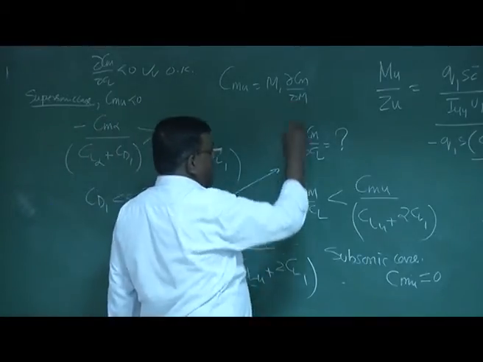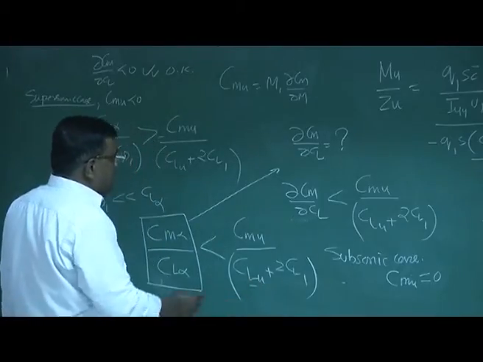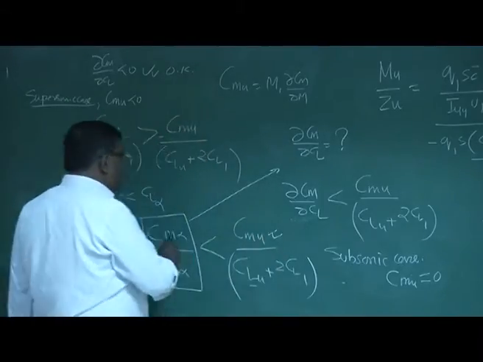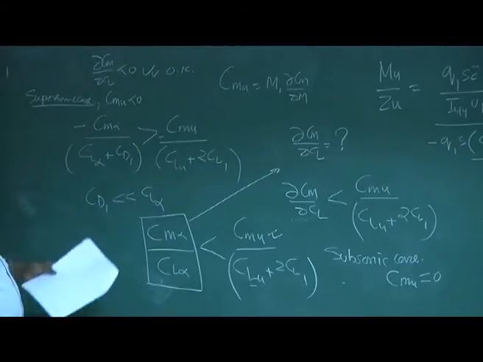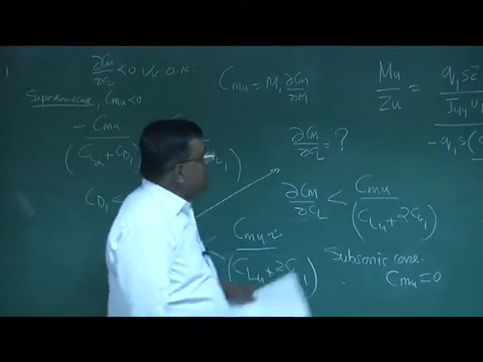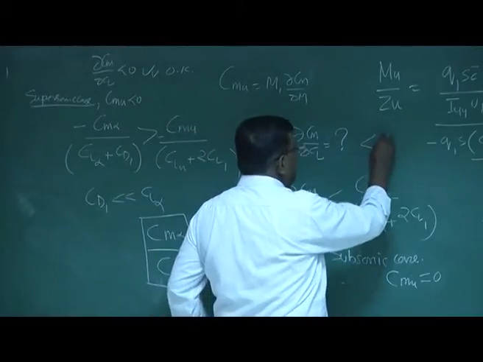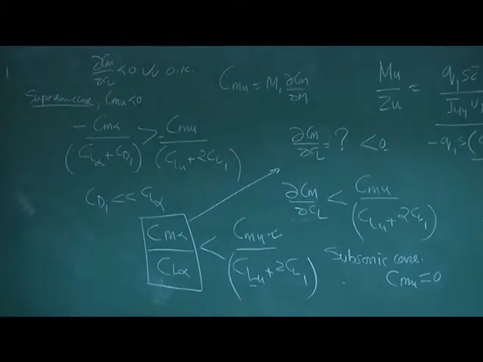So this is negative. So dCm by dCL is again negative. What is the difference? In the first case, when Cmu was 0, dCm by dCL should be negative, it is okay, statically stable. In the second case, also dCm by dCL should be less than 0, because this is negative. So again, dCm by dCL should be less than 0. So there is no violation of the static stability. However, what is the difference?